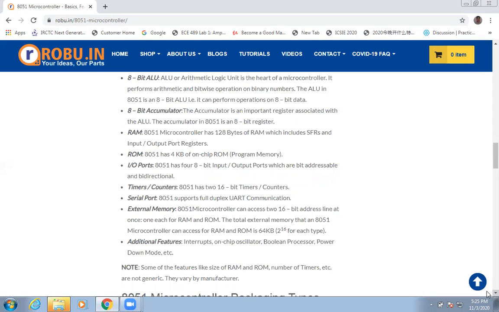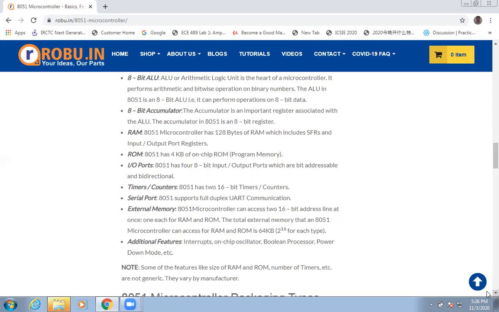Input/output ports. The 8051 has four 8-bit input/output ports which are bit addressable and bidirectional. Note the point that the four 8-bit input/output ports are bit addressable and bidirectional.